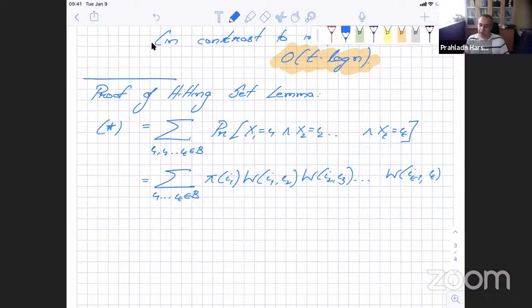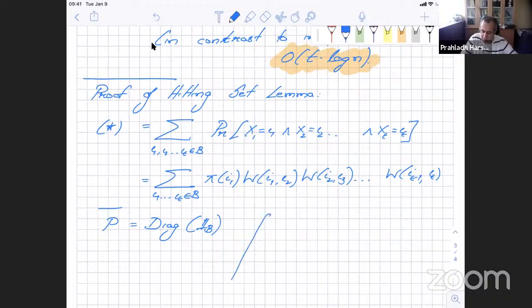Now, I don't like this summation. This summation is over B. I would prefer it to be over all the vertices, not just in B. And so for this, we'll change the way I write the summation slightly so that I can write it over all vertices. For this, we'll introduce this matrix P, which is just diag of the indicator of B. So P looks something like this.